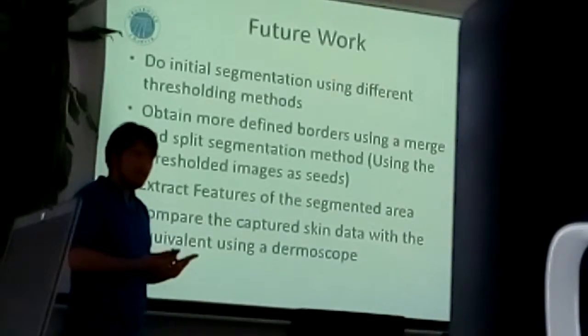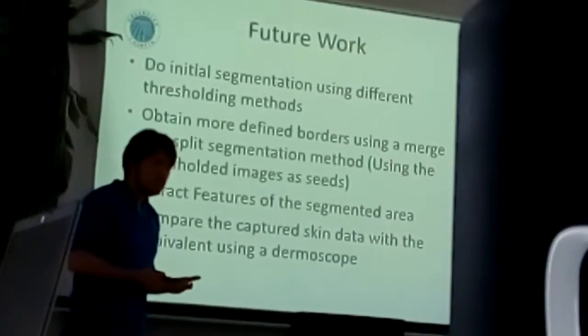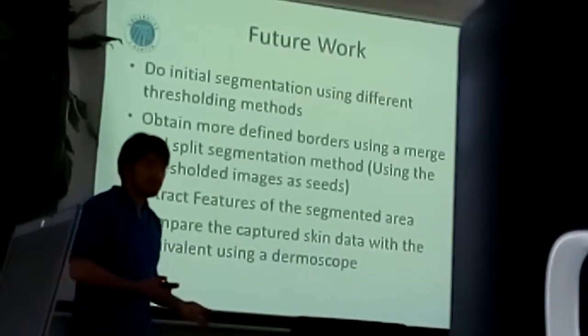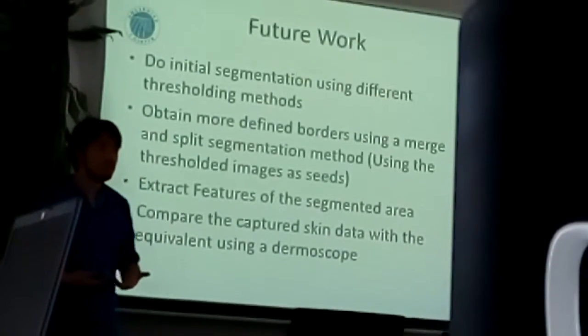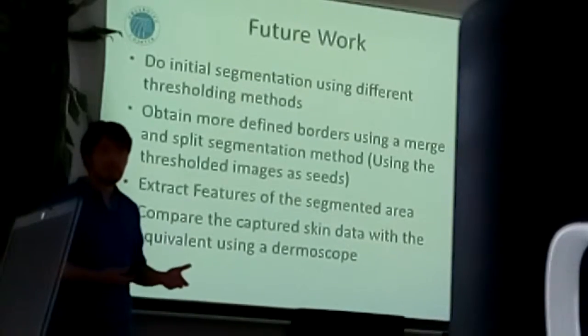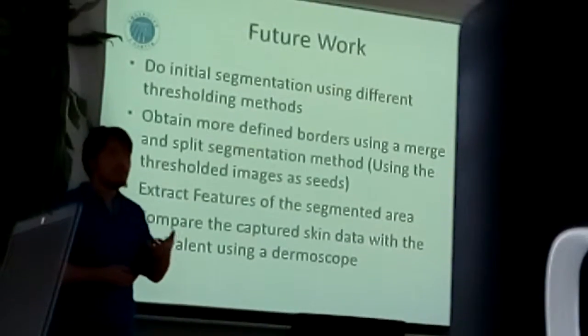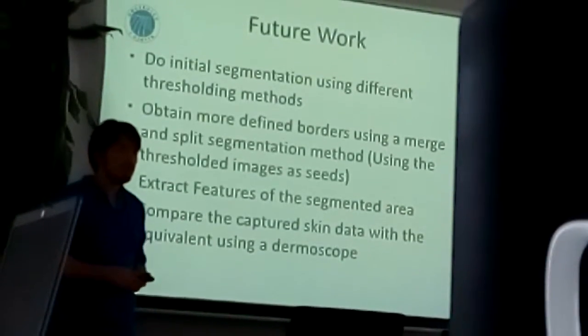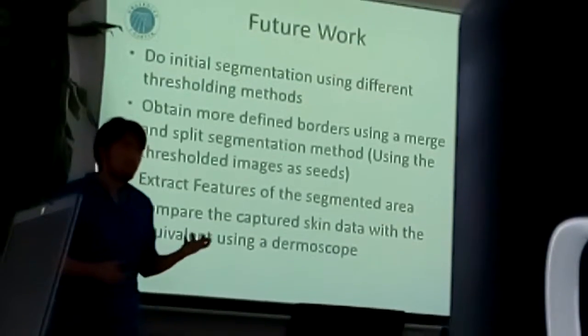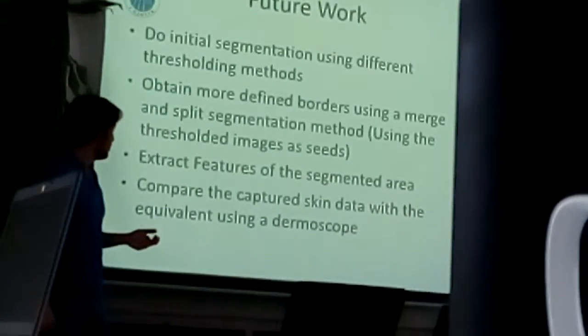Actually, segmentation is not such a big advantage of using hyperspectral. But when you do the feature extraction, when you get the values of the segmented area, the color values, or stuff like that, it would be very useful to use a hyperspectral camera.